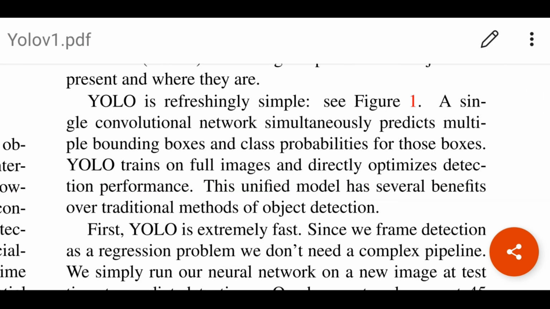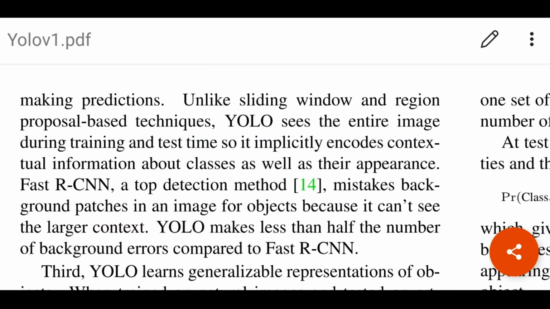YOLO is refreshingly simple. See figure 1. A single network simultaneously predicts multiple bounding boxes and class probabilities for those boxes. YOLO trains on full images and directly optimizes detection performance. Unlike sliding window and region proposal techniques, YOLO sees the entire image during training and test time, so it implicitly encodes contextual information about classes as well as their appearances.